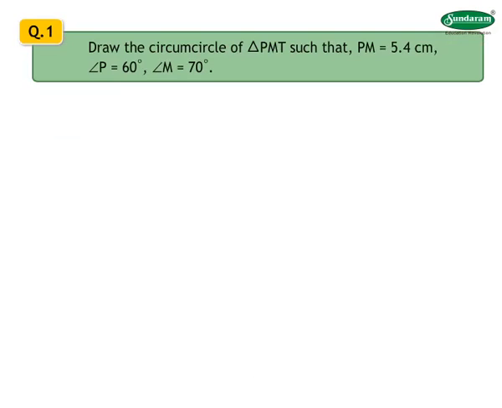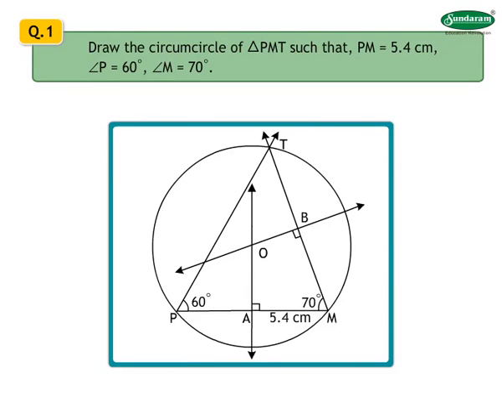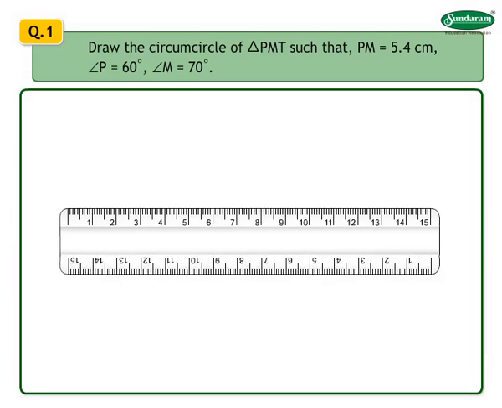Question 1. Draw the circumcircle of triangle PMT such that PM is equal to 5.4 centimeters, angle P is equal to 60 degrees, angle M is equal to 70 degrees. Solution. Let's look at the construction.